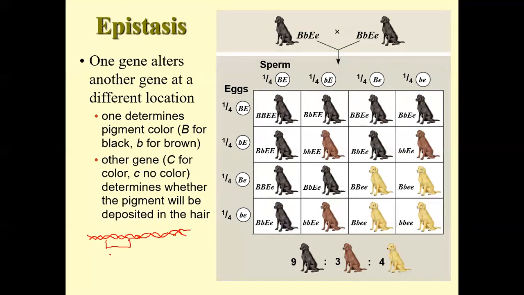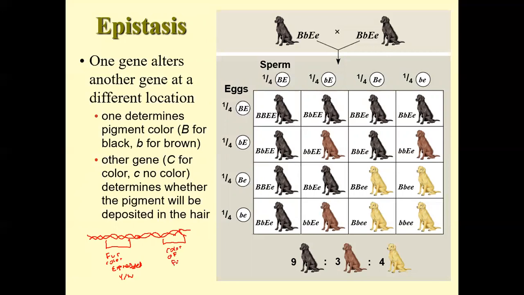I have one gene that's going to determine, let's say, whether fur color is expressed, and that's going to be a yes or no, kind of like an on-off switch. And then you have another gene that's going to be the actual color of the fur.